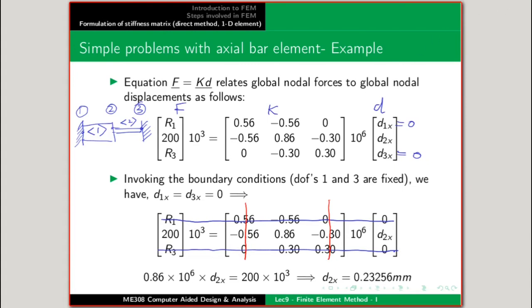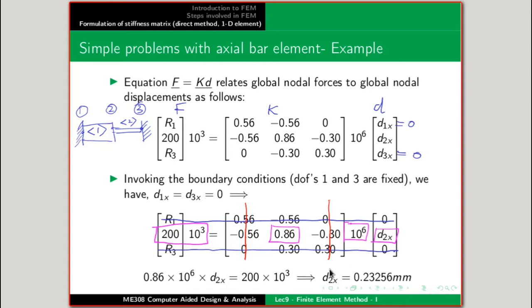So we are left with 200 into 10 raised to 3 equal to 0.86 into 10 raised to 6 times d2x. You can write it as 0.86 into 10 raised to 6 into d2x is equal to 200 into 10 raised to 3.